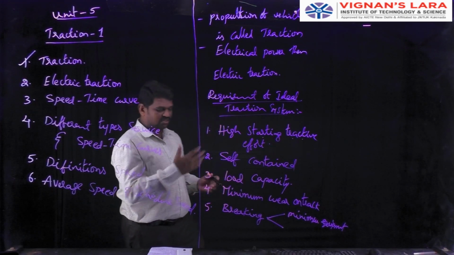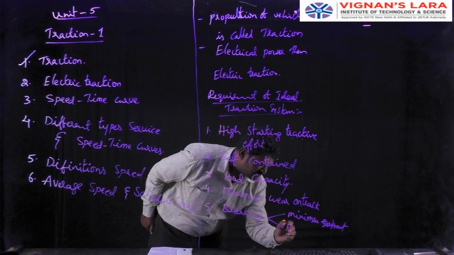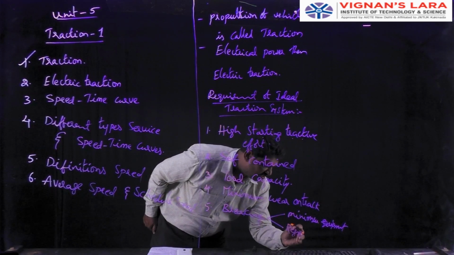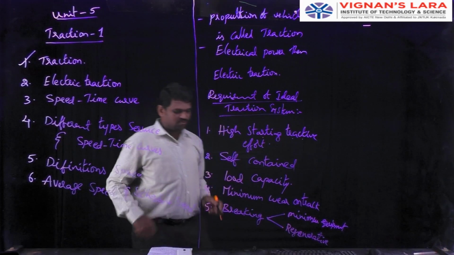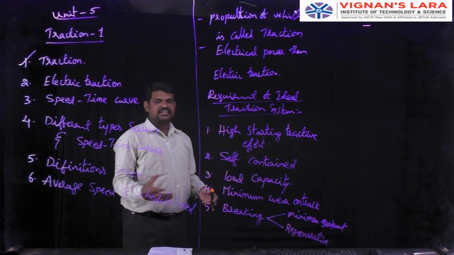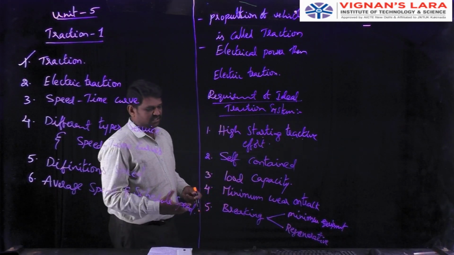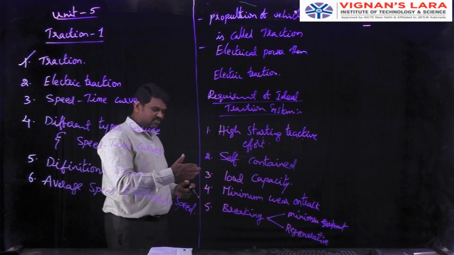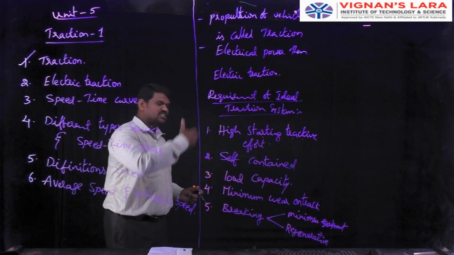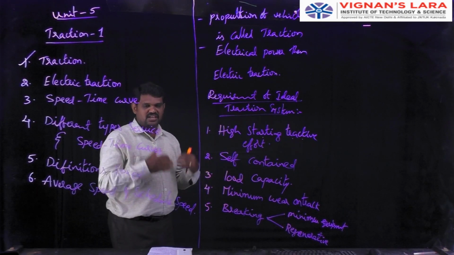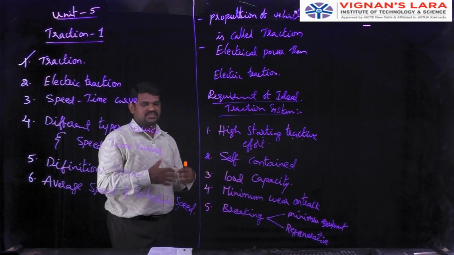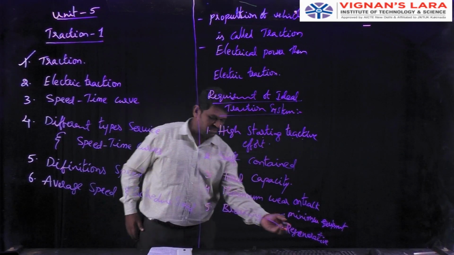That is called regenerative braking. So we can generate the electrical energy in the braking system and send it to the supply system, so that the energy drawn from the supply will be reduced because of the regeneration.